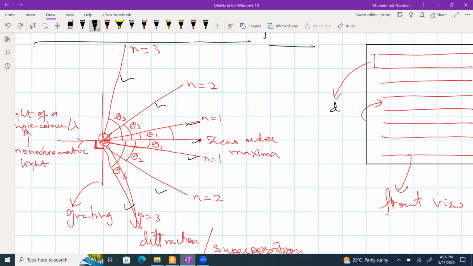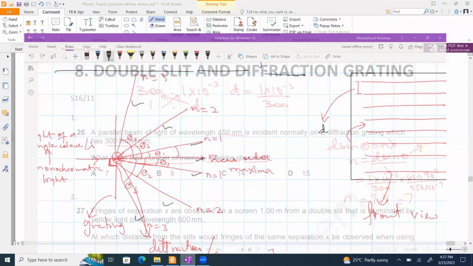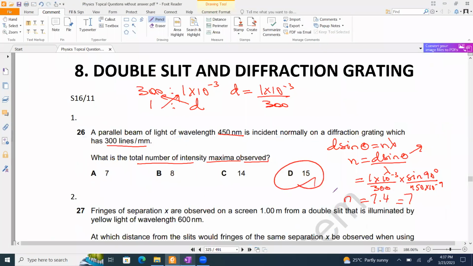Suppose they ask you to calculate the total intensity maxima on one side only, then your answer must be 7 only. And if they ask all, then 7 above, 7 below, and 1 at the center, so finally we get 15 as our answer.